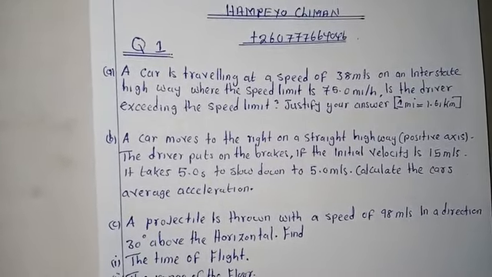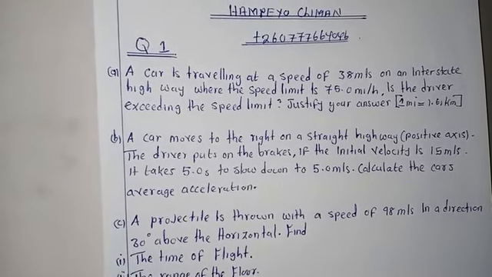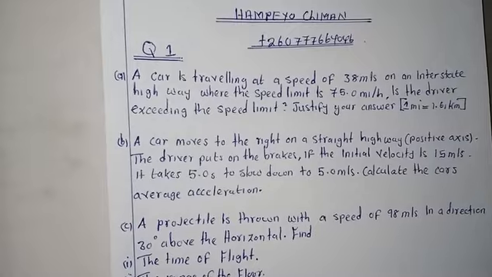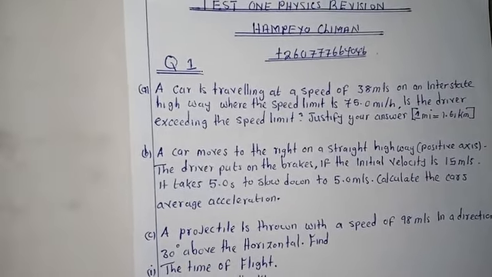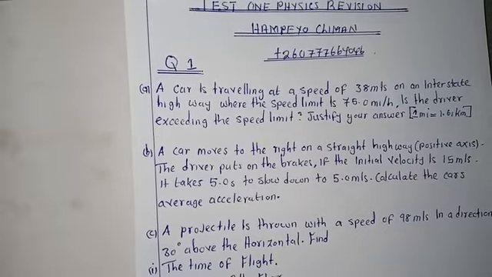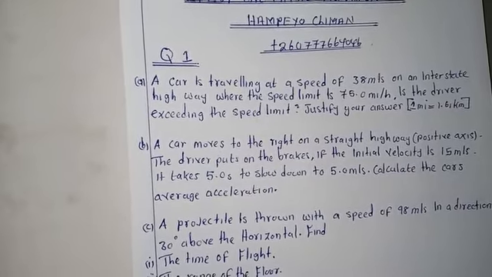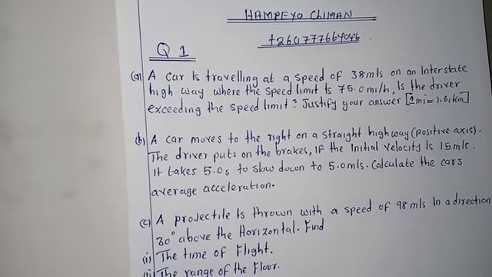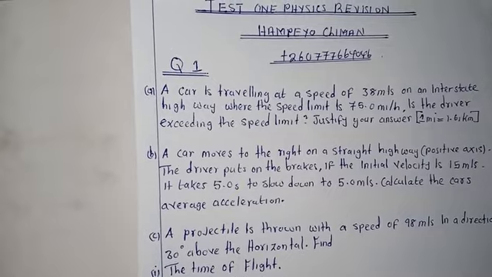So this is question one in a physics test paper, your revision. Make sure that even if you're from some other university, just go through so that you'll be able to get one or two things. Make sure that you grab the concepts as well so that you'll be able to solve almost every question in physics.